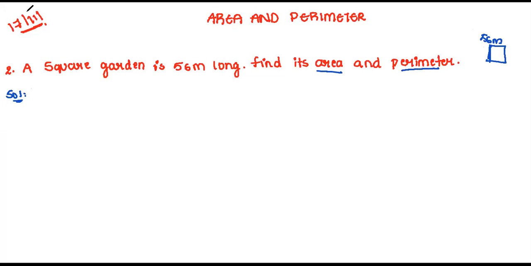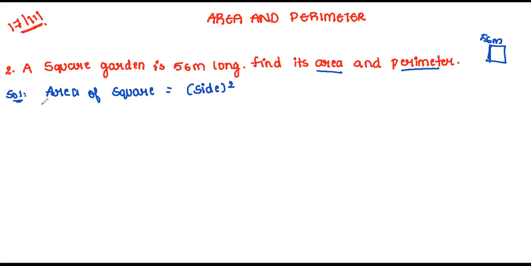So how do you start doing this? To find the area of the square, we have the formula, isn't it? The area of square is equal to side whole square.